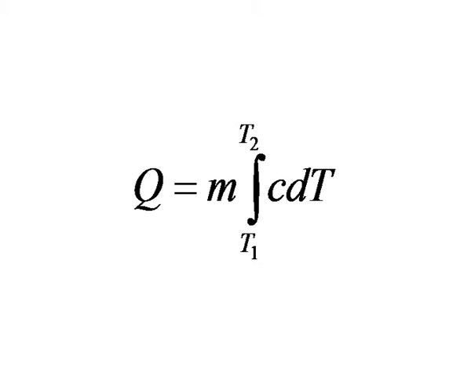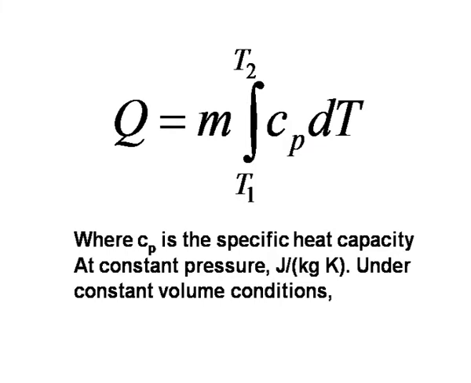If the path for energy transfer is under constant pressure, then Q is equal to m into integral T1 to T2 Cp dT, where Cp is the specific heat capacity at constant pressure. The units of specific heat capacity are joule per kg Kelvin.